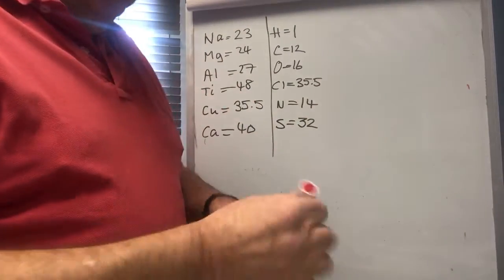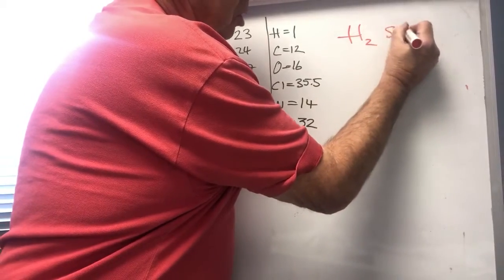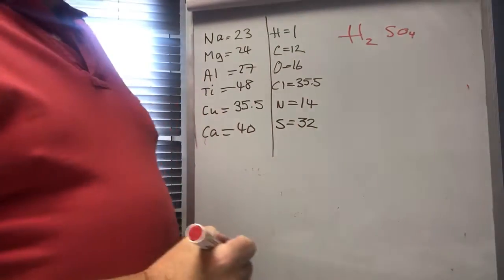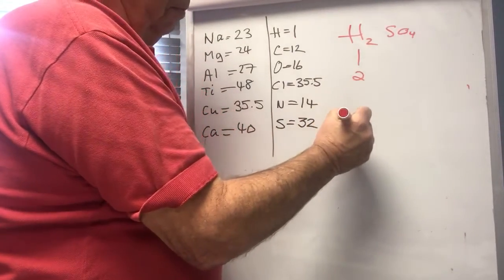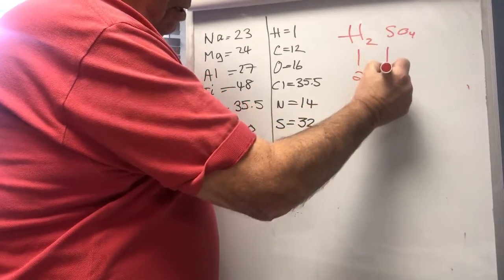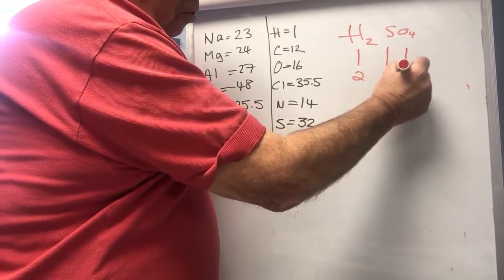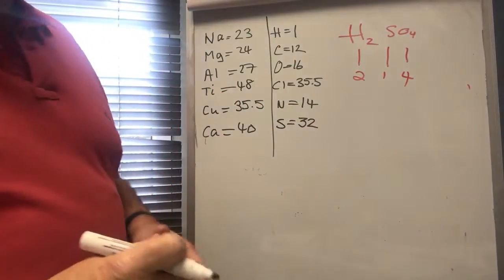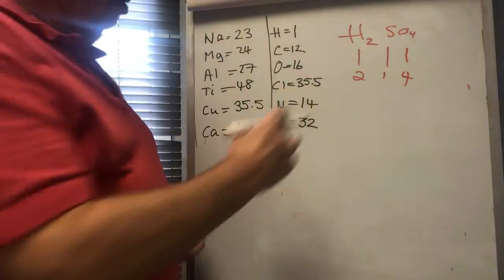Let's look at a further example, sulfuric acid, H2SO4. Hydrogens, it contains 2. Sulfur, it contains 1. Oxygen, it contains 4. So let's calculate now its relative formula mass.